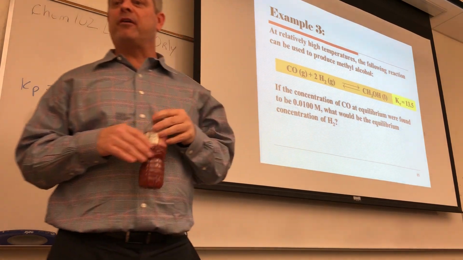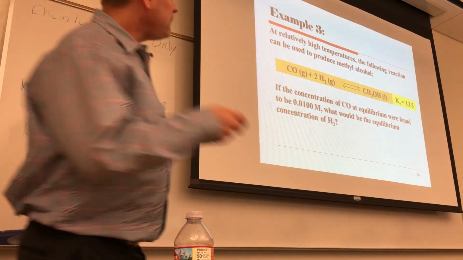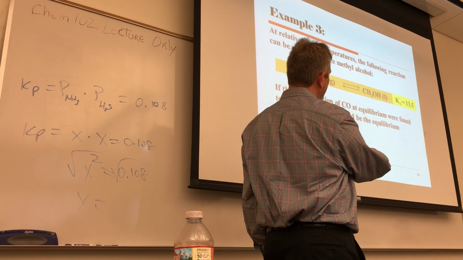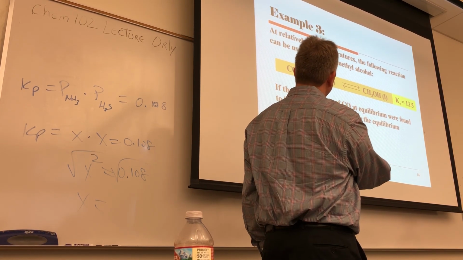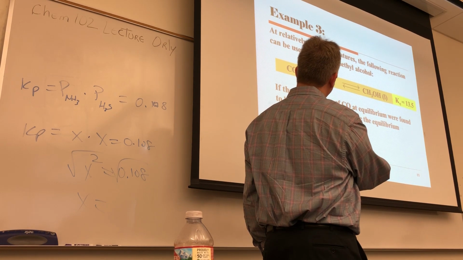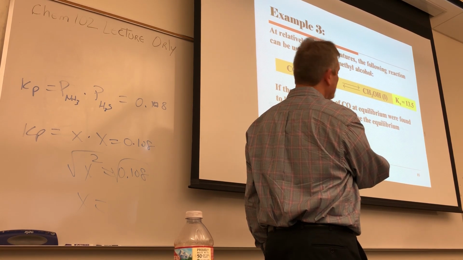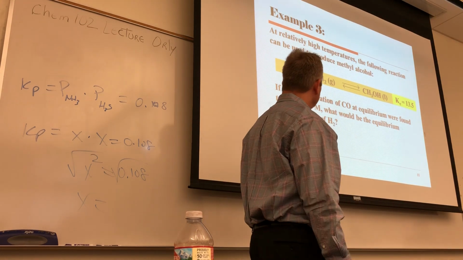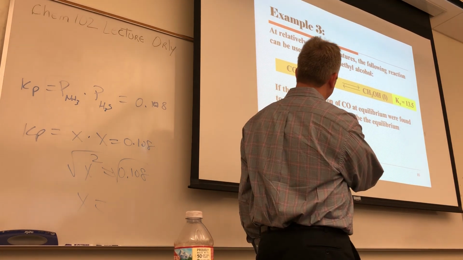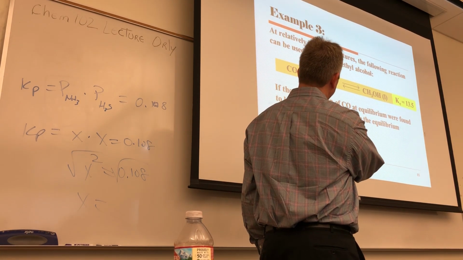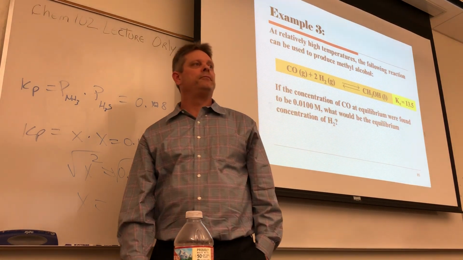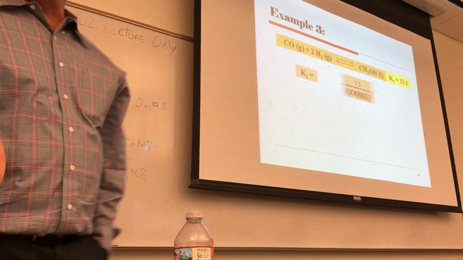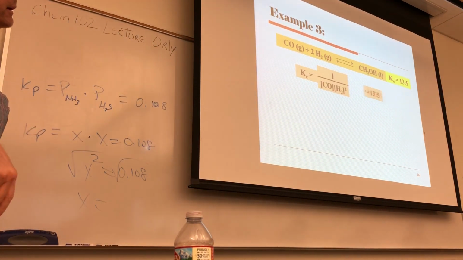It's easier than the ones we've already done. I have my Kc. Does this factor in? No, that's already embedded in there. So it's just going to be 1 over the concentration of H2 squared times the concentration of CO, right? I'm giving you the concentration of CO, so you're solving for the concentration of H2. I really don't need to do anything other than just plug in. I don't need to make an ice chart here.